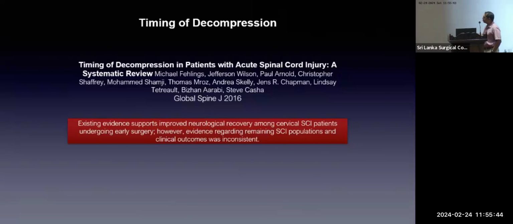So one of the main reasons that we do early surgery is because we can mobilize the patient early. You get a reduced amount of bed sores, reduced secondary infections such as pneumonia, right? So the main reason we do early surgery is so that we can mobilize the patient. And in addition, if they get a good neurological outcome, well, good, right?